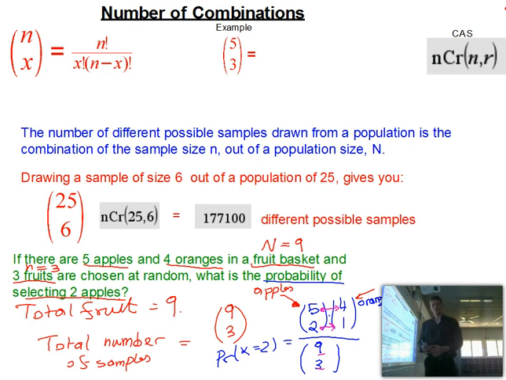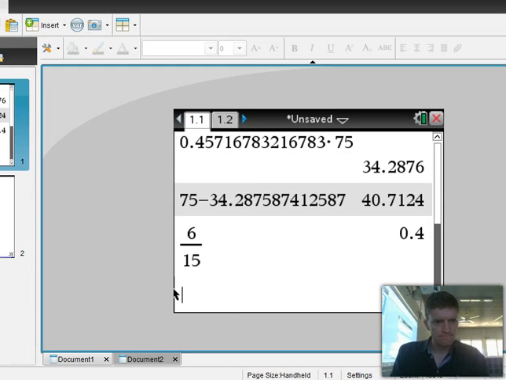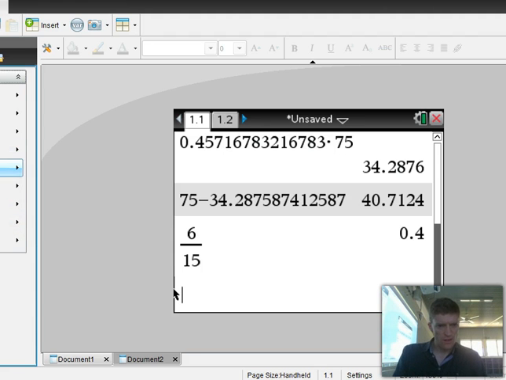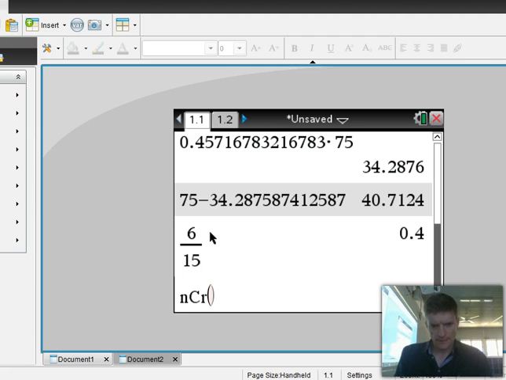Okay, so let's have a go at evaluating that. So using your nCr, there it is. Now we have 5 apples, and we're going to get 2 of the apples.